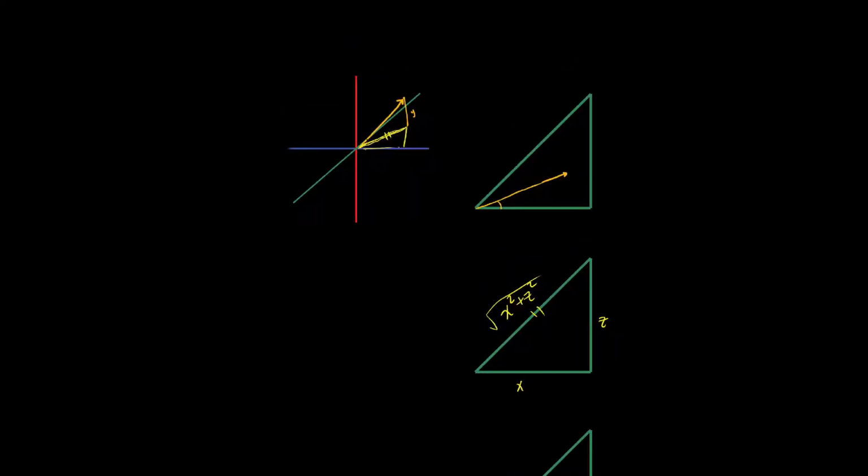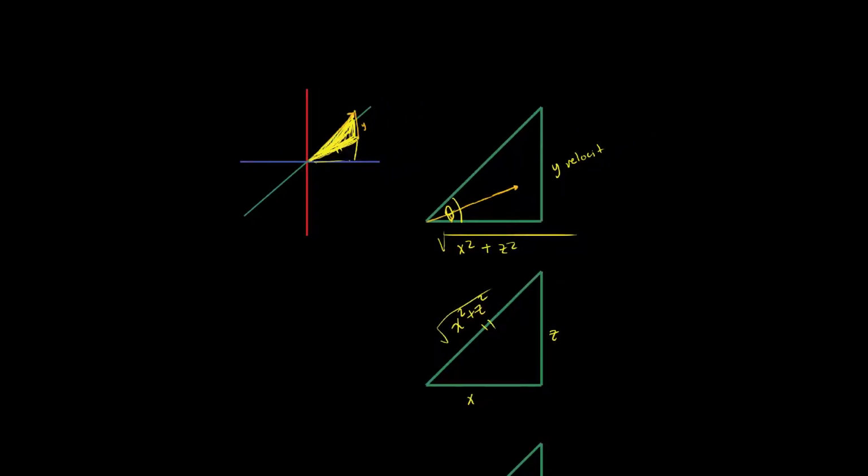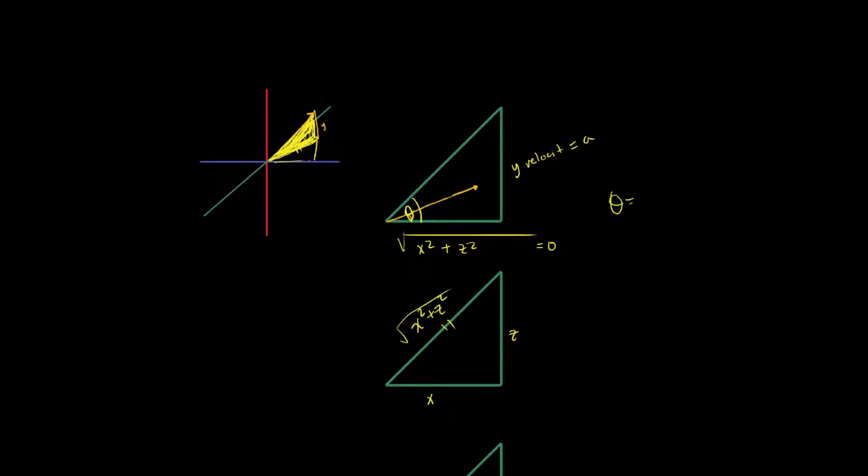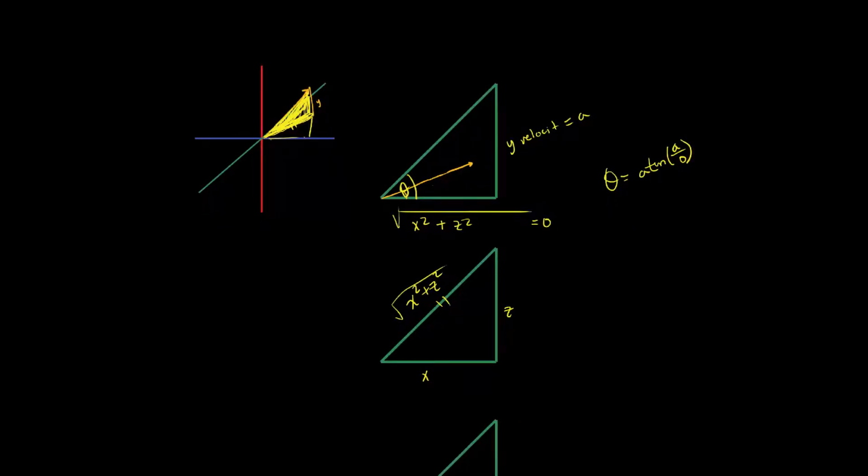So my theta here, trying to get the triangle that we're looking at, the theta that we want is going to be the y velocity, and by using the square root of x velocity squared plus the z velocity squared. And so I'm going to call this adjacent, and I'm going to call this opposite, not adjacent. Other way around, sorry. Yeah, it should be opposite that. Opposite over adjacent, not adjacent over opposite.